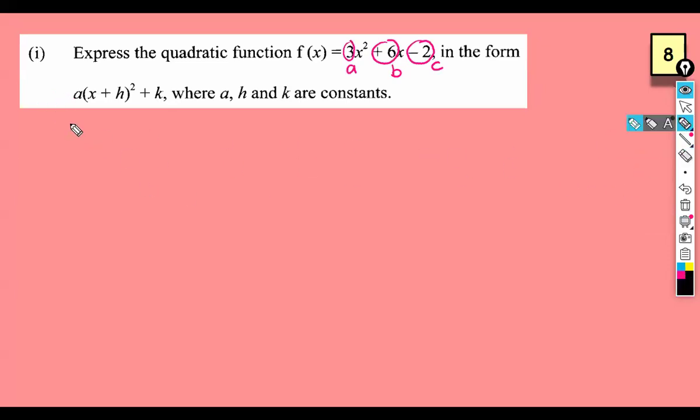To calculate A, well, A is just literally A, so A over here is supposed to be 3. That one is easy. To calculate H, it's minus B on 2A. And to calculate K, it's 4AC minus open brackets B squared, divided by 4A.